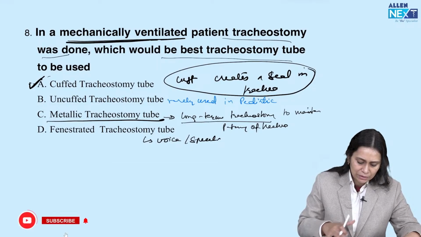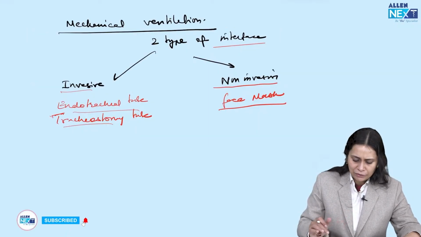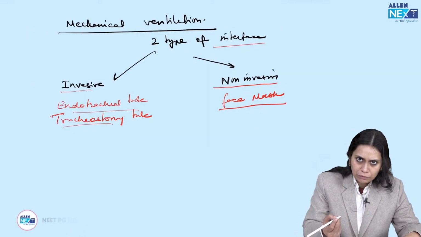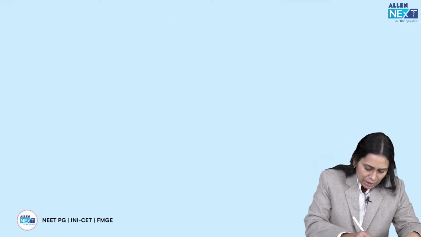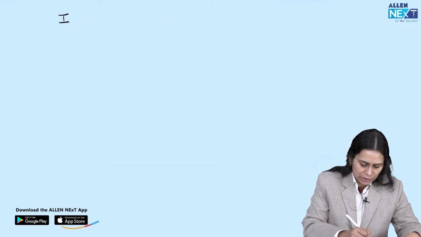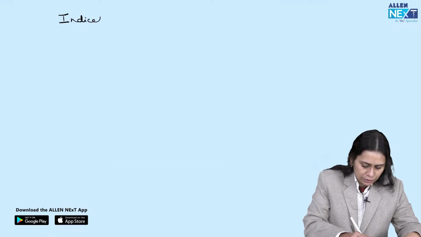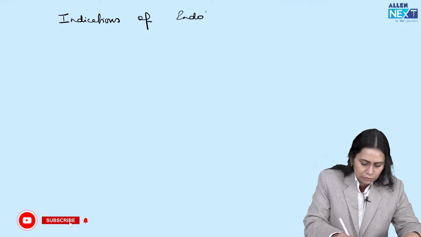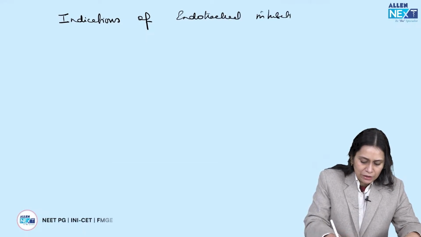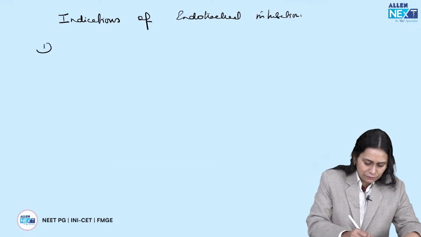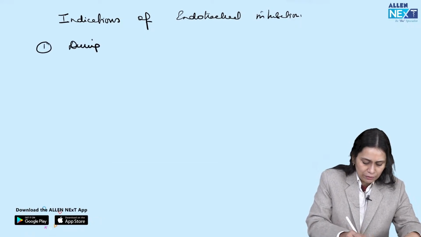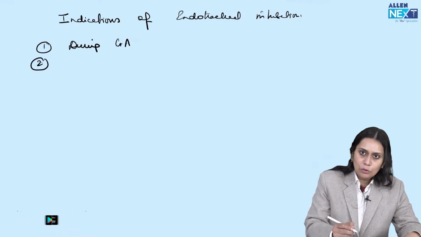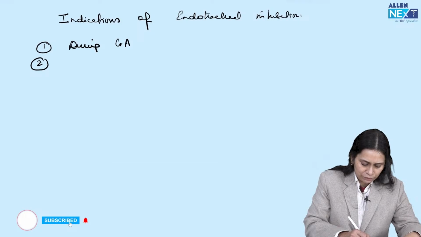Okay, so remember this. Now here I just want to tell you the indications of endotracheal intubation, and the same are the indications of tracheostomy as well. So indications of endotracheal intubation. First indication, during general anesthesia. Second indication, to protect the airway from aspiration.